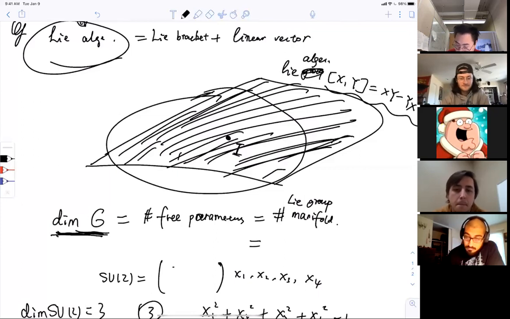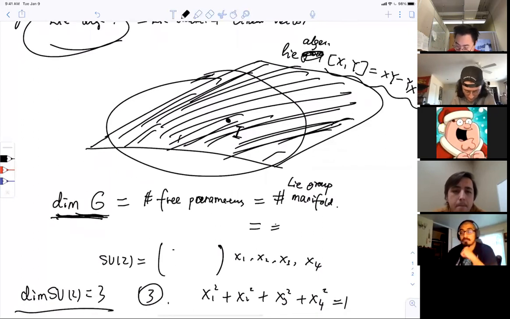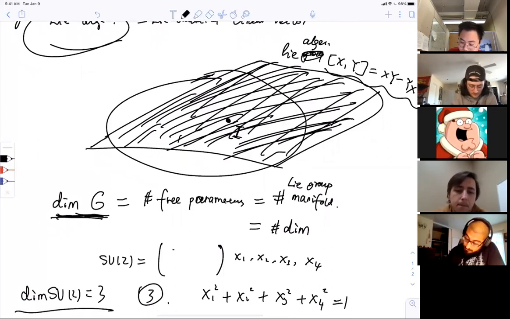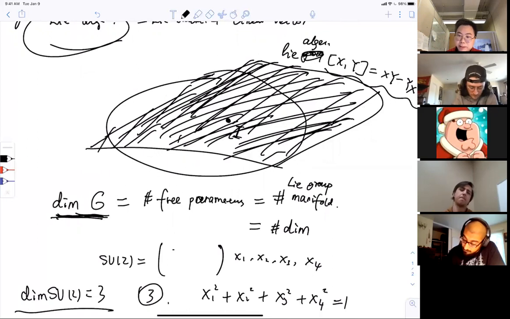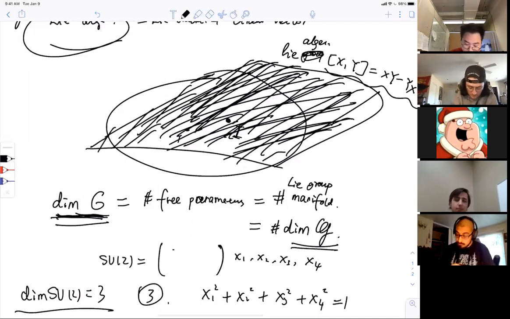We also know that the dimension of an object must equal the dimension of the tangent plane, right? This tangent plane is a vector space, so we can talk about the dimension. Basically, it's just the number of bases. Remember that this linear vector space is nothing but the Lie algebra. So the Lie algebra has the same dimension as the Lie group.